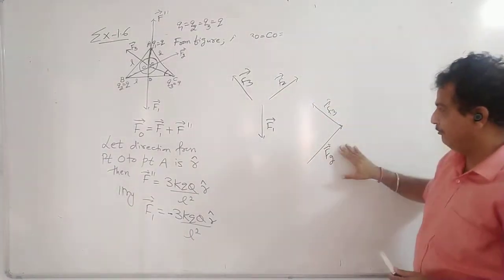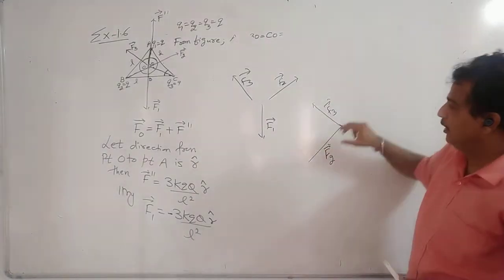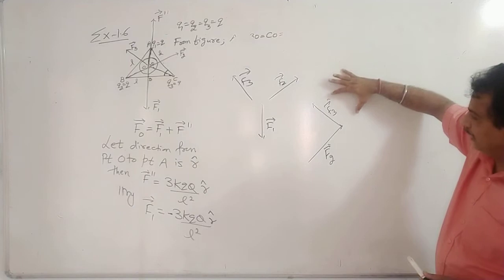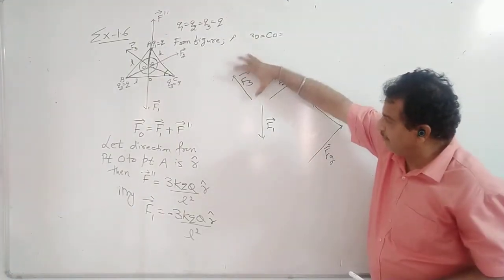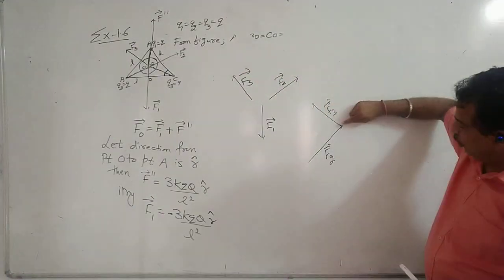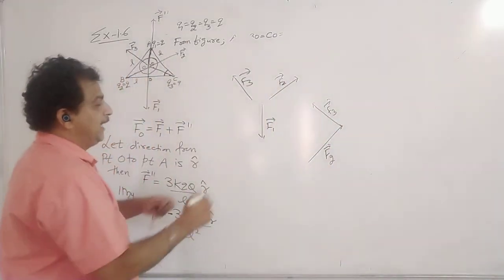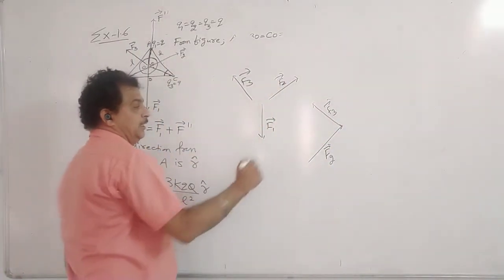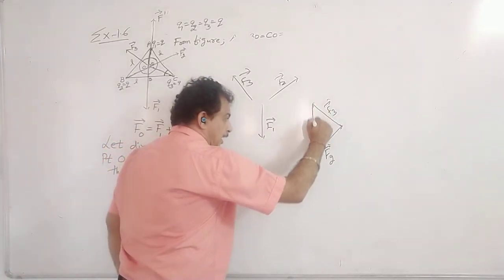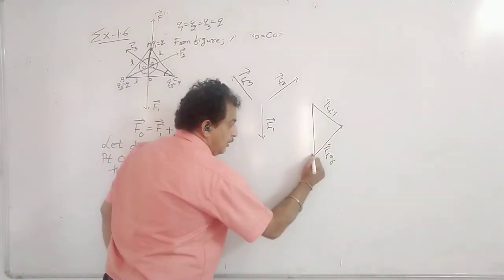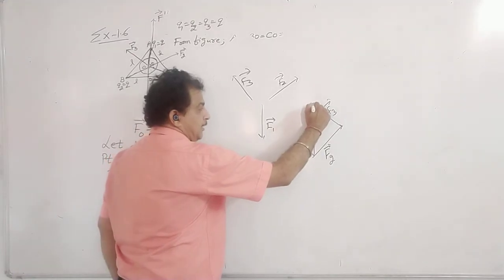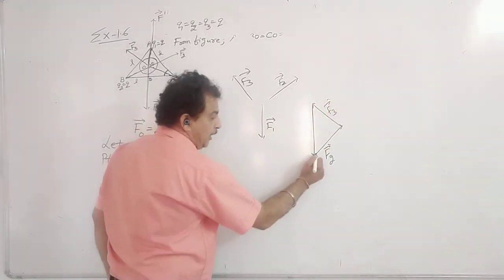I have not changed the direction. I pick up this F3 and keep the tail of F3 on the head of F2. Now I take the F1 vector and I put its tail on the head of the third vector, that is F3, and its head on F2.